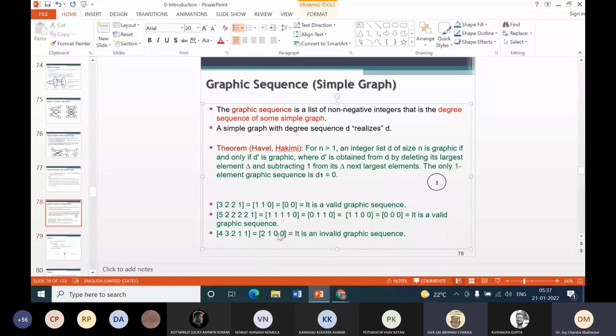Now if I delete 2, then this 1 became 0, the next 0 will be -1, and then 0. But a negative number cannot come, so it is not a valid graphic sequence. So 4, 3, 2, 1, 1 is not graphic.